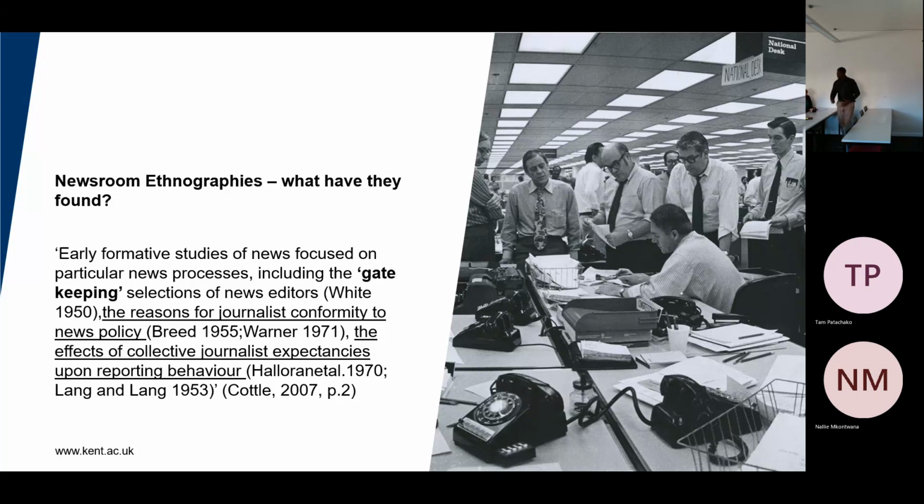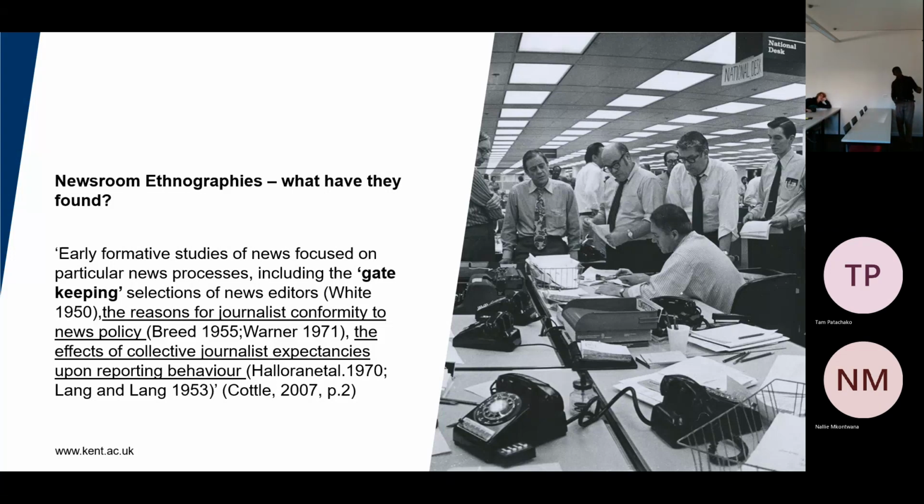And they said in this process, a lot of information comes in, but only what is selected makes it onto the pages of the newspaper. The concept that explains this process is gatekeeping. If I'm at the door, I determine who comes in and who goes out. That is the simple explanation of a gatekeeper.